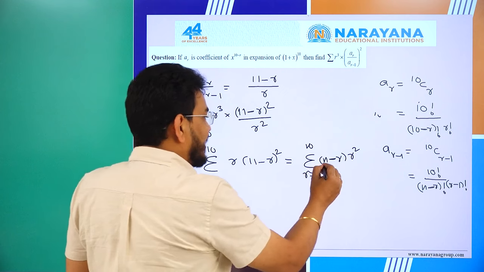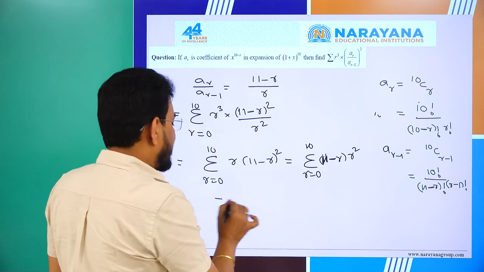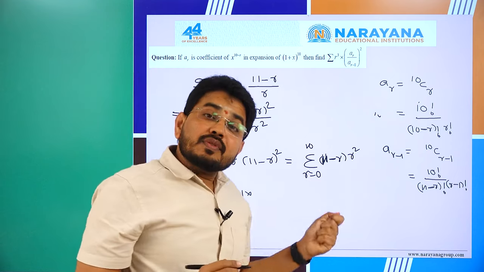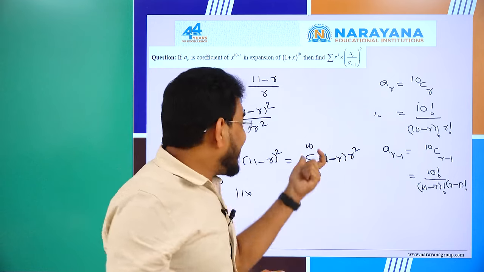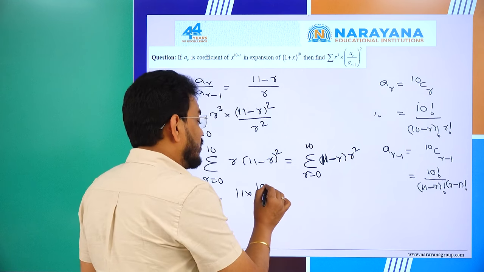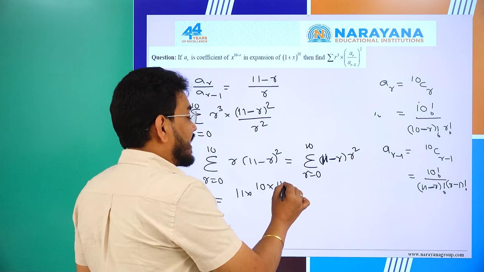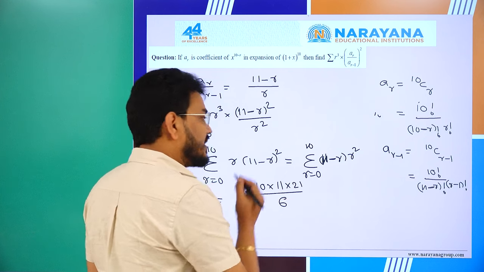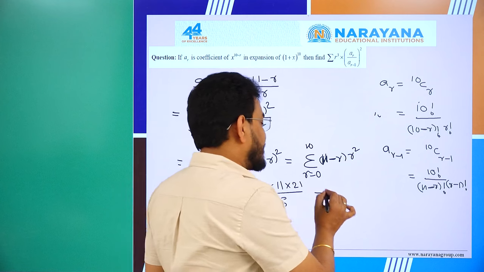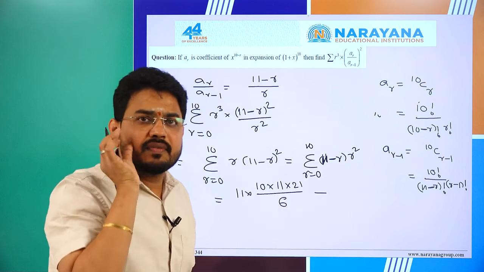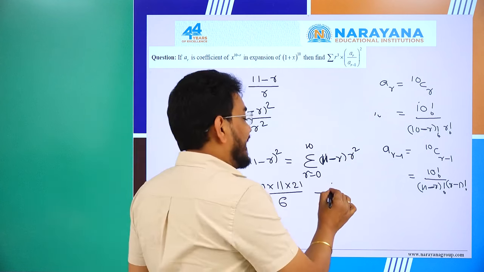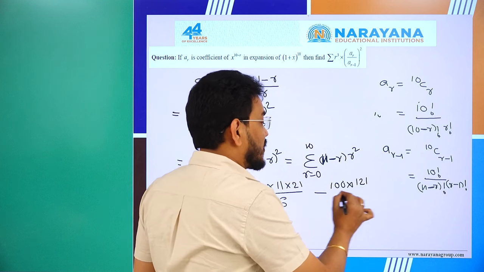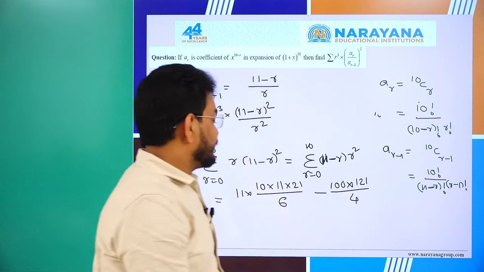So this is equal to 11 into (0 square, 1 square plus 2 square up to 10 square), n into (n plus 1) into (2n plus 1) by 6, minus the sum of the cubes of the first 10 numbers, n square into (n plus 1) whole square by 4.